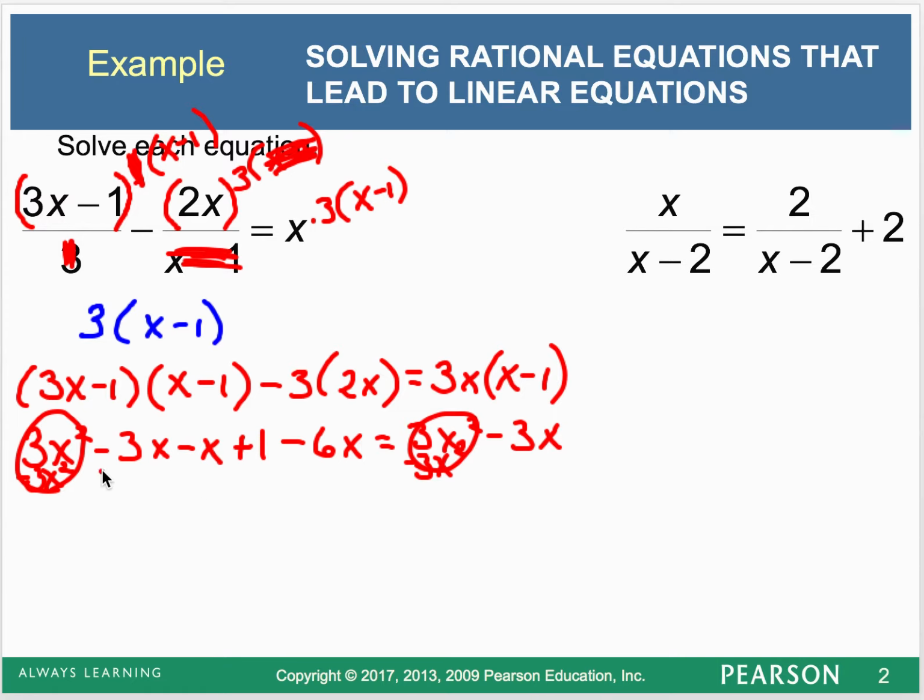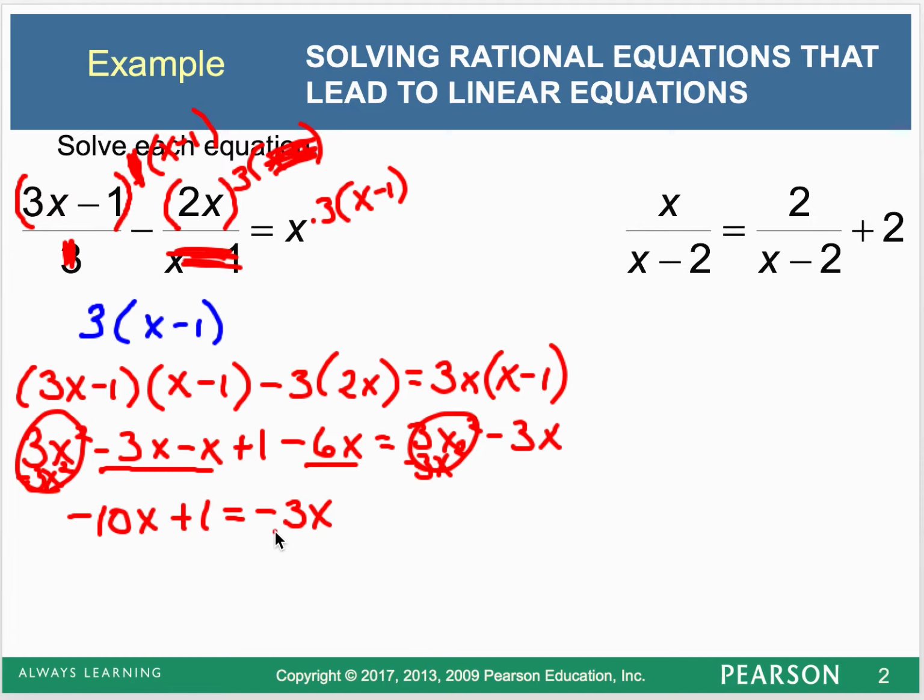So let's combine our like terms. Here's all my x's on this side. So negative 4x minus 6x, negative 10x. Don't forget there's a plus 1. Equals negative 3x. To solve a linear equation, we just put all our variables on one side, numbers on the other, right?